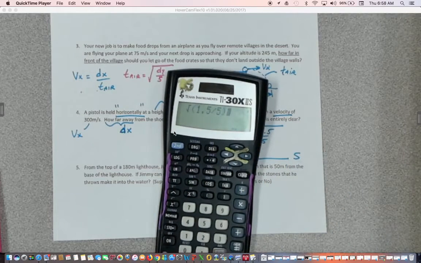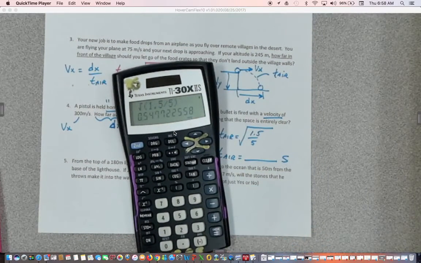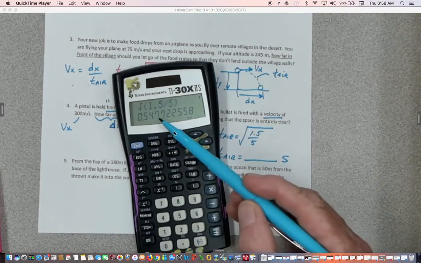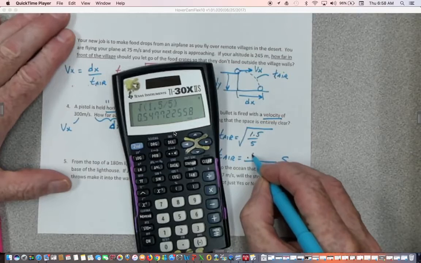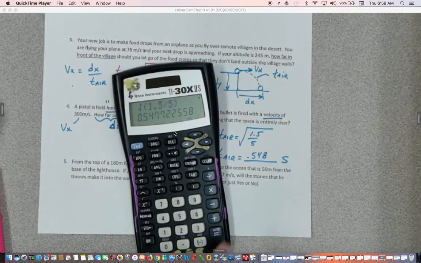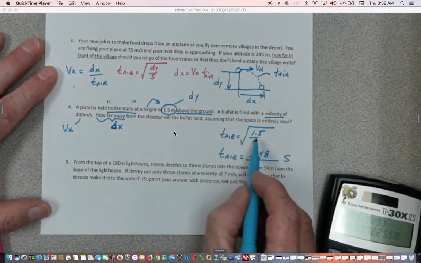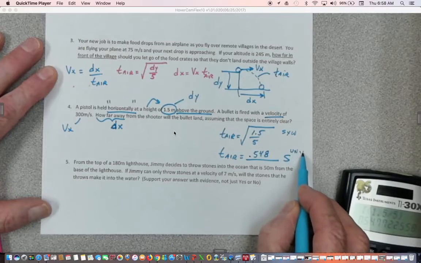And if you do that, you'll get the correct answer. And I'll hit equals. And now I want to round it. That 7 will be rounded by this 7 to 8 to 0.548 seconds. That is acceptable. This is your work. And these are the units with the answer.